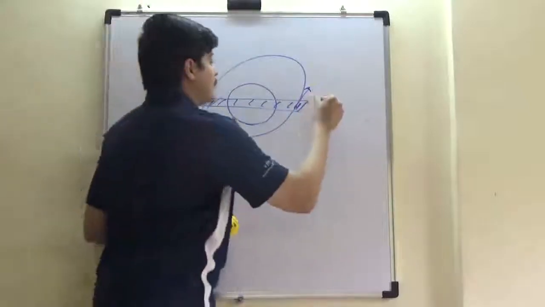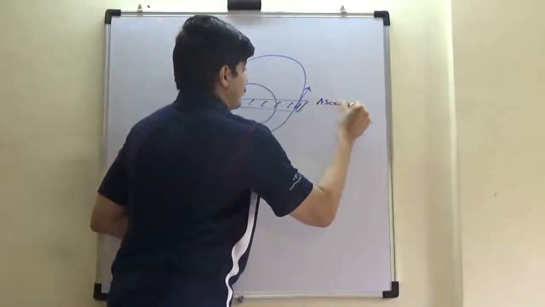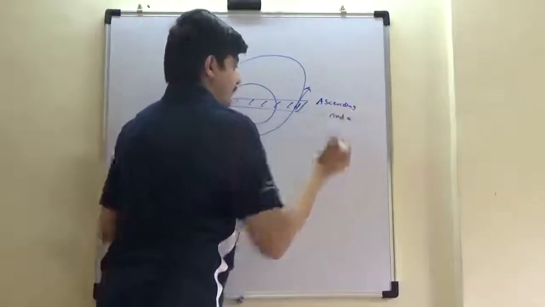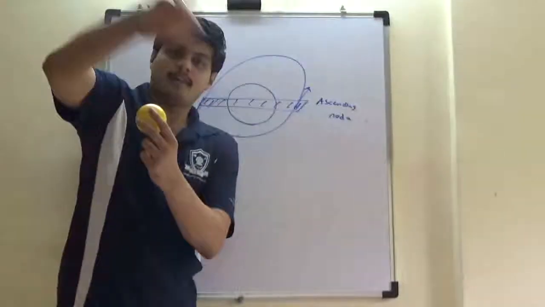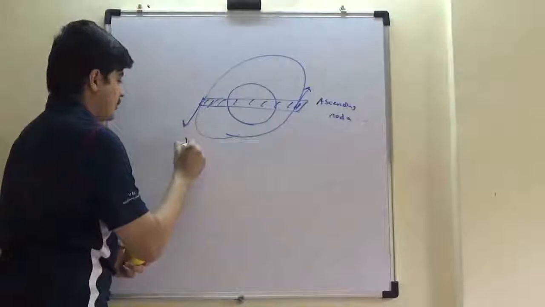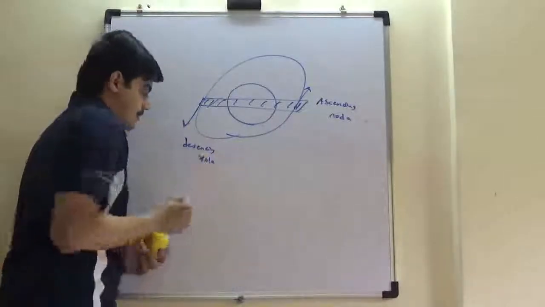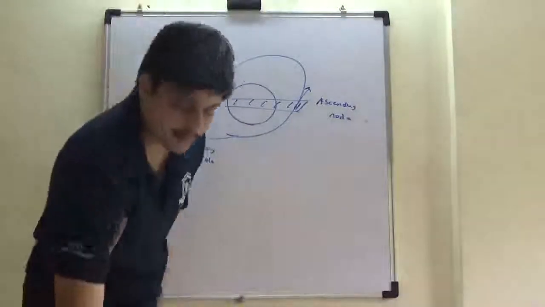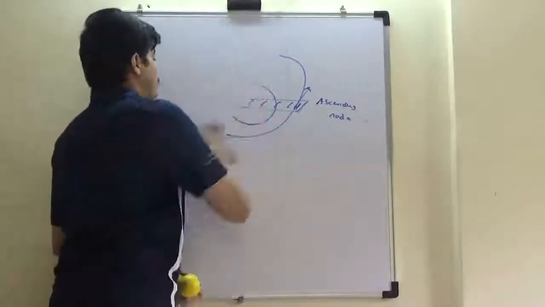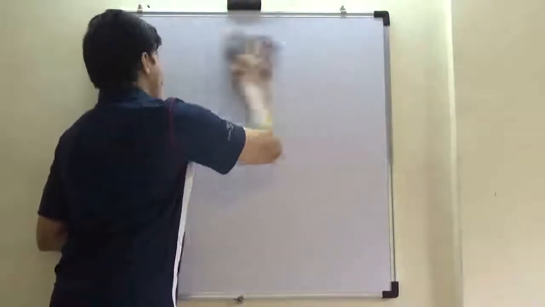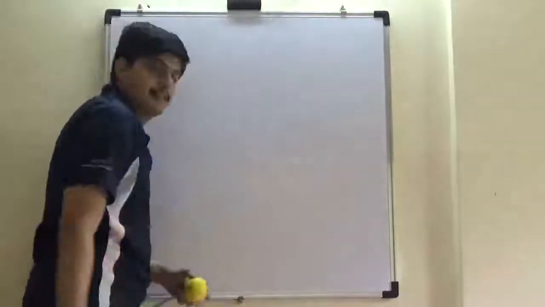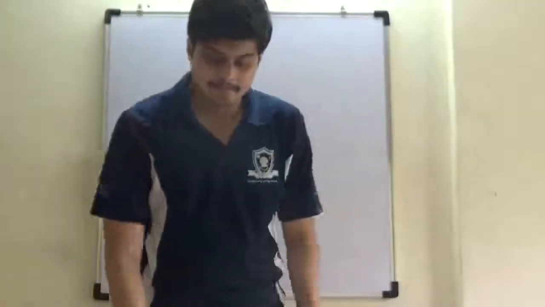This is called ascending node. And when it crosses down, it is descending node. These are easy to observe for celestial planets and objects, and these have their roots in astrophysics and astronomy. That's where this comes from, right?